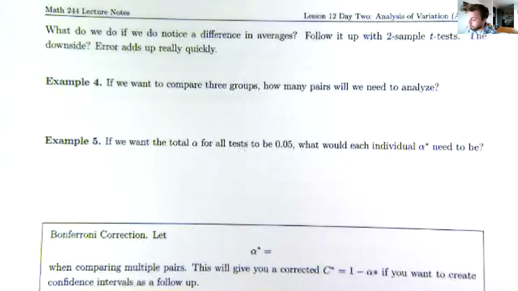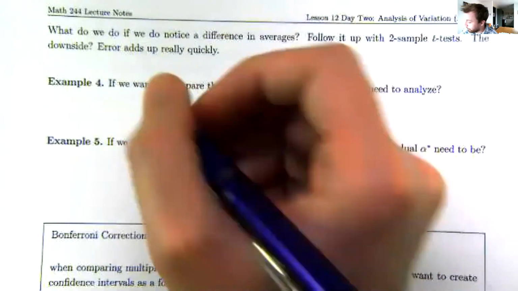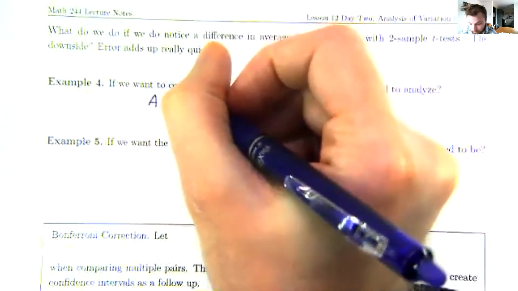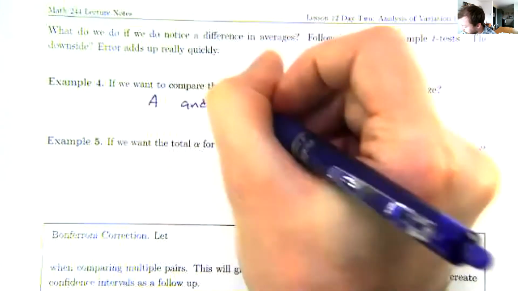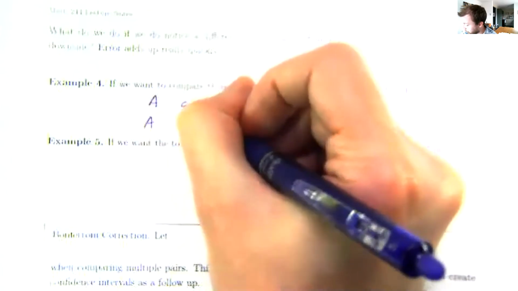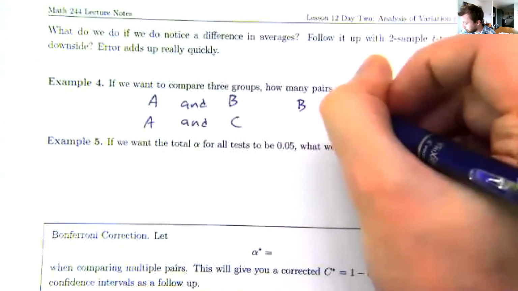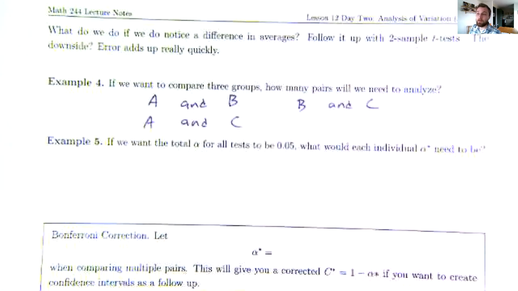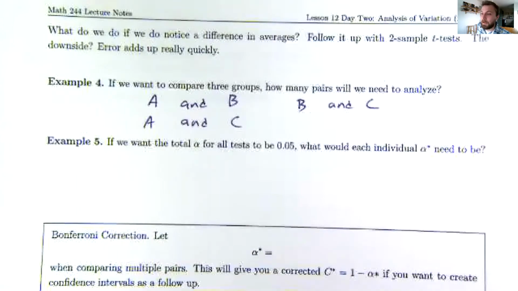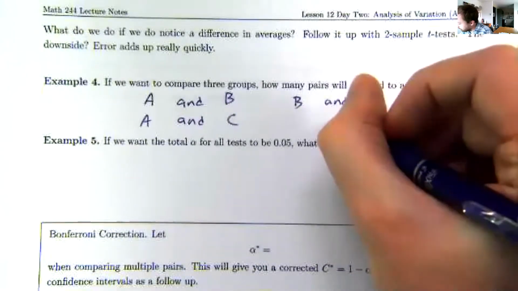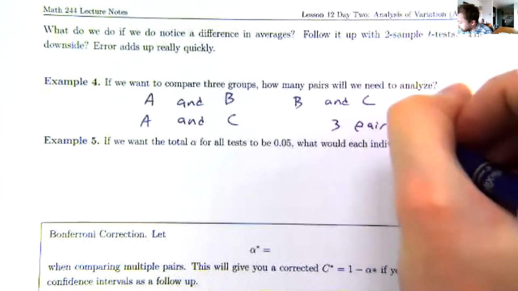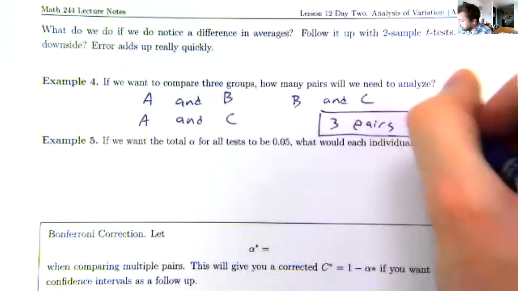So if I wanted to compare groups for the tip amount, I would have to compare Anna and Brent, Anna and Charlie, and Brent and Charlie. So I'm listing out every letter combination I can possibly think of for side-by-side analysis. And in this case, I'm noticing that I end up with 3 pairs of tests that I'll need to do.